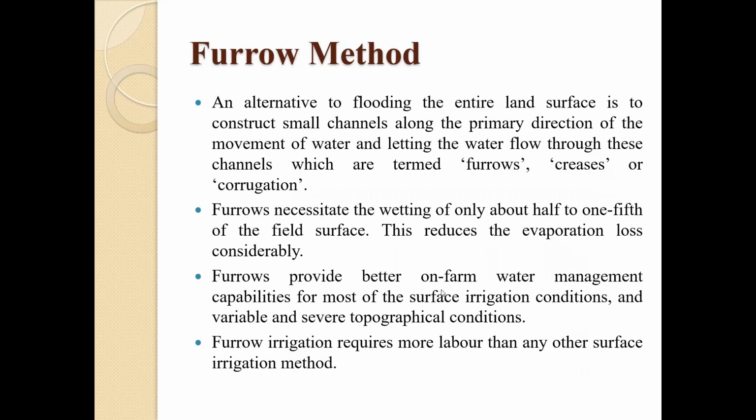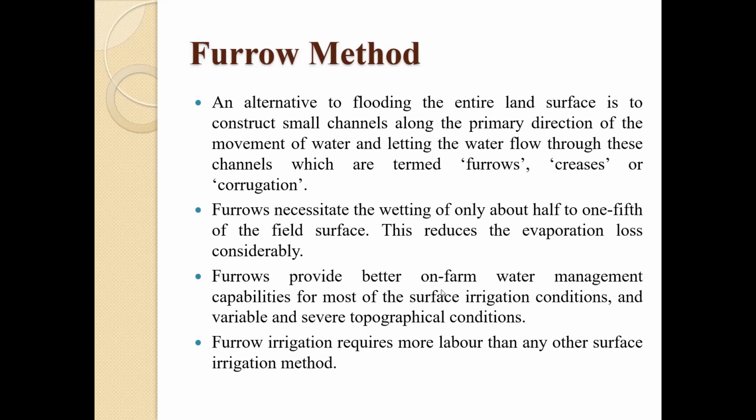Now the furrow method, this is also a popular method in our region. We often see this kind of irrigation. This is an alternative to flooding the entire land surface, is to construct small channels along a primary direction of the movement of water and letting the water flow through these channels, which are termed as furrows, creases, or corrugations.